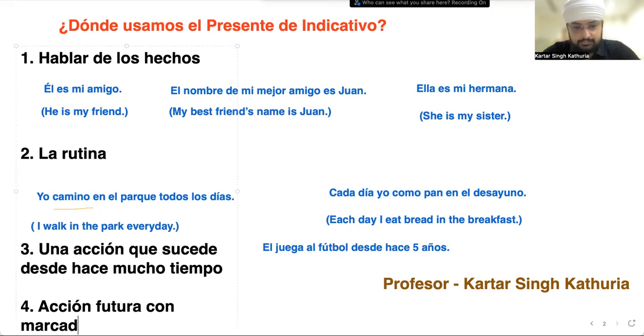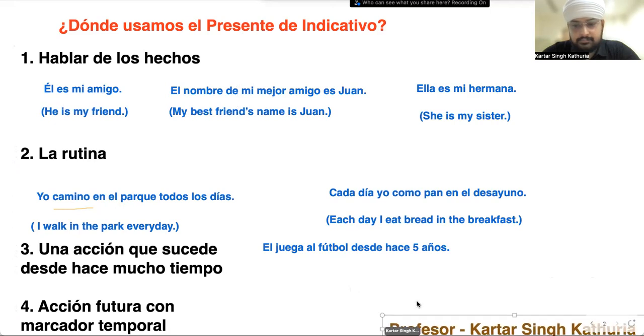For example, la semana que viene, the coming week, veo una película. I'm going to watch a movie. La semana que viene viajo a Europa. Coming week, I'm going to travel to Europe.